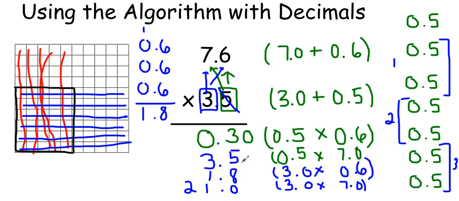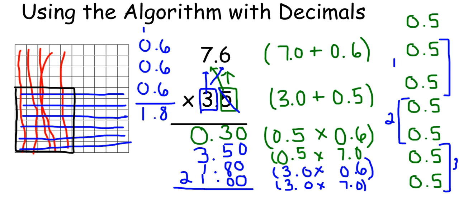So if we were to go ahead and add our products together, we will find the answer to our multiplication problem. In our hundredths place, we have zeros. So we're going to add straight down and find that there's nothing in our hundredths place.